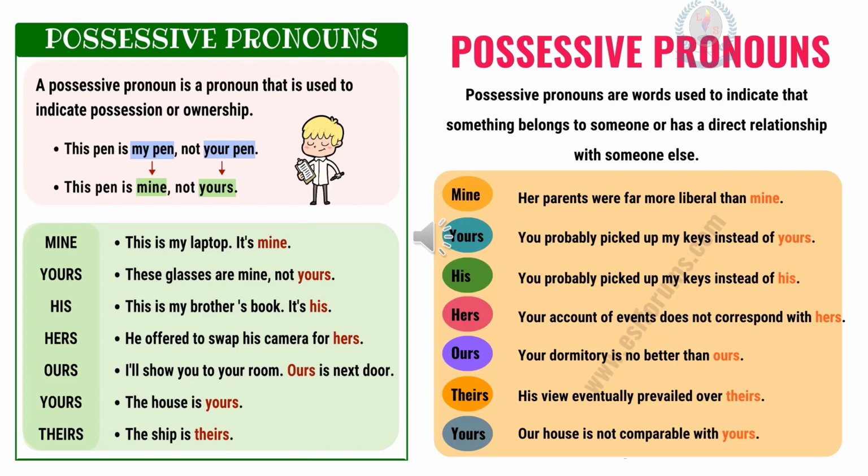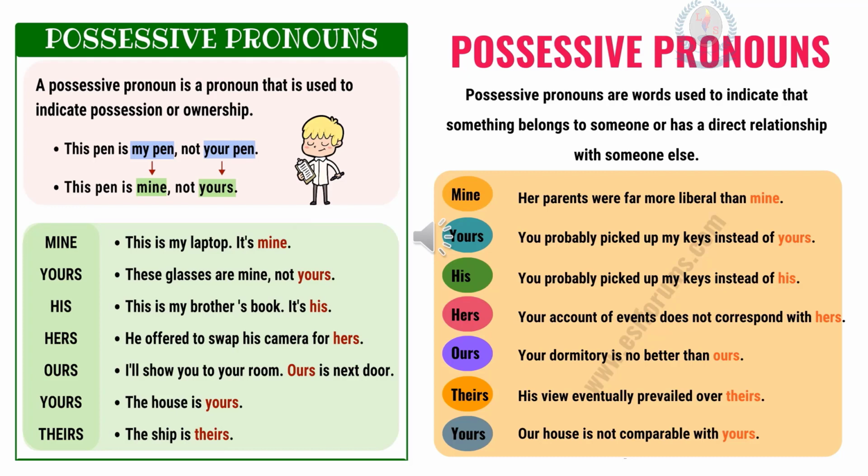So moving on to the other possessive pronouns. Possessive pronouns are words used to indicate that something belongs to someone or has a direct relationship with someone else. Understood? Mine: her parents were far more liberal than mine.